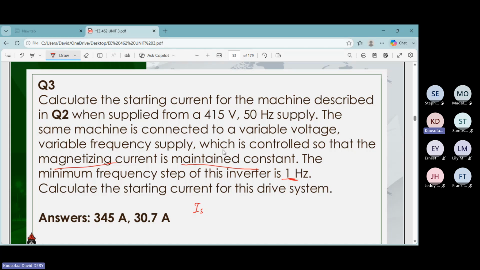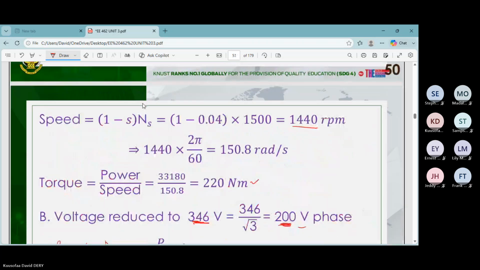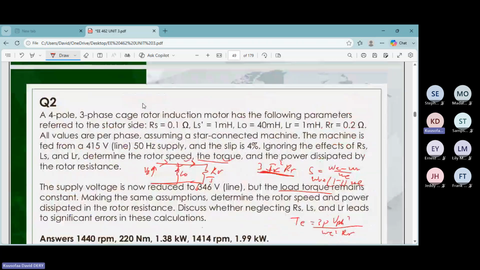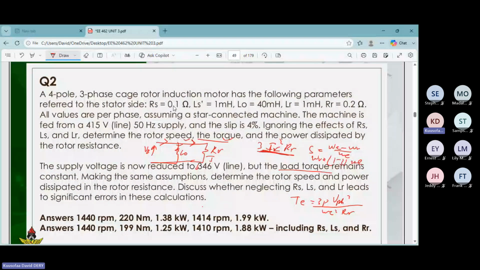So the first one, we've been given the parameters here. So these are the parameters that we are given: RS, LS, L naught. What we have to do is calculate the supply current.